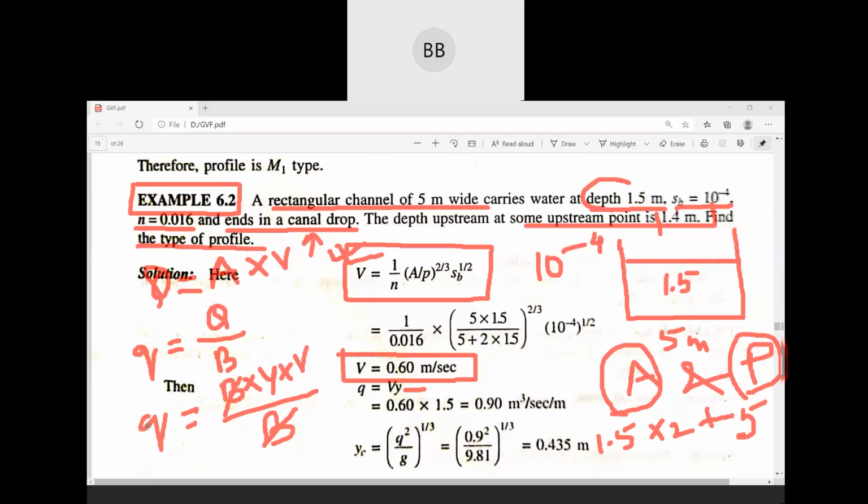Ultimately, we need to calculate small q, that is your discharge per unit width. How much did you get? Small q value, it's 0.90.